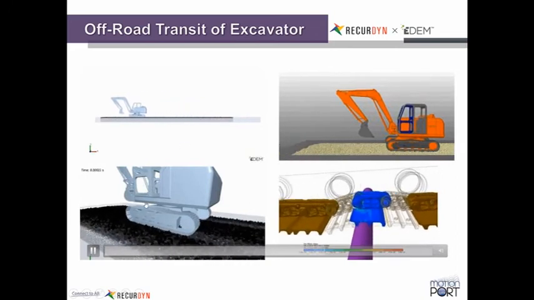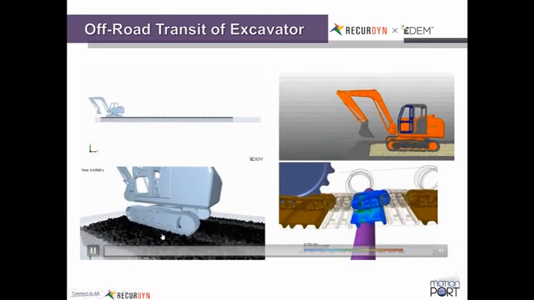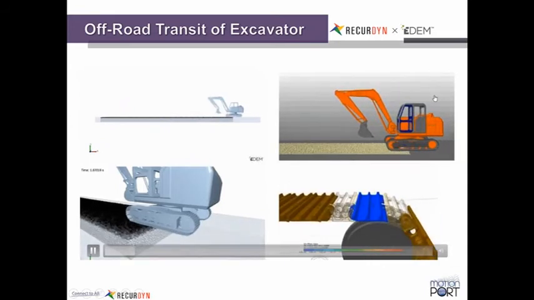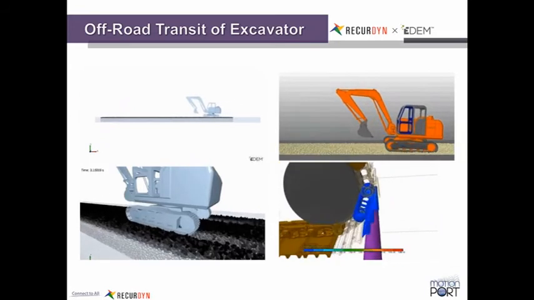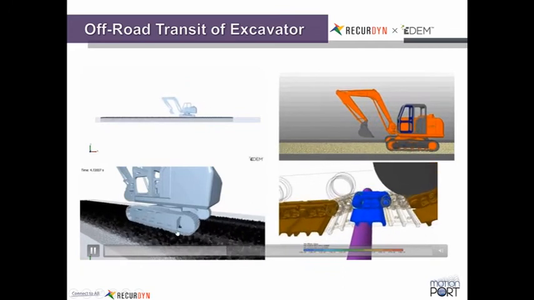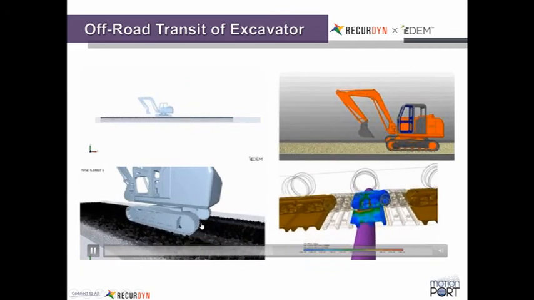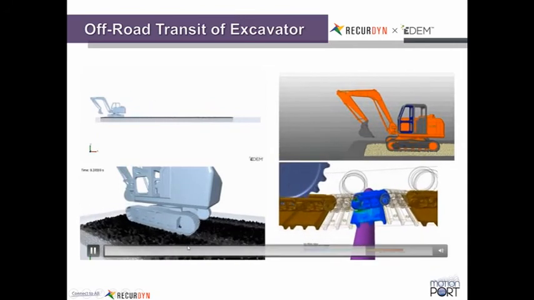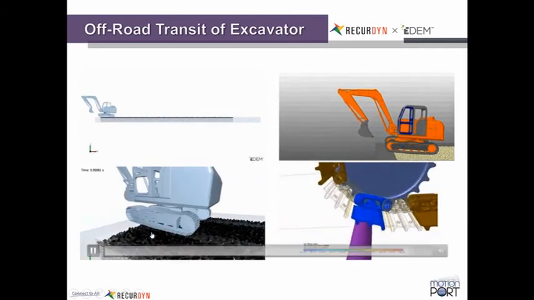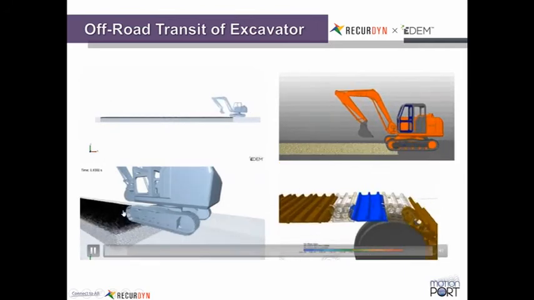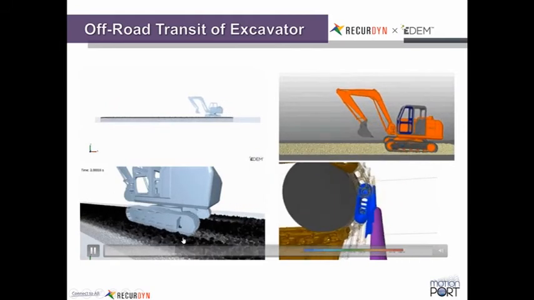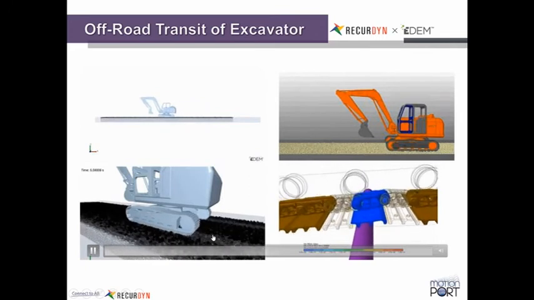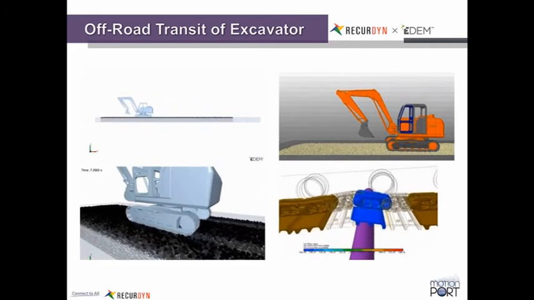But these animations here are showing a nice interface, and this applies to both ParticleWorks and EDM, where you can take a belt or a chain or a track, and now with a single click, you can include all the different track links or chain links or belt segments in the model as components that will interact with the particles. In the case of EDM, we call these things walls. In the case of ParticleWorks, we call them vessels.